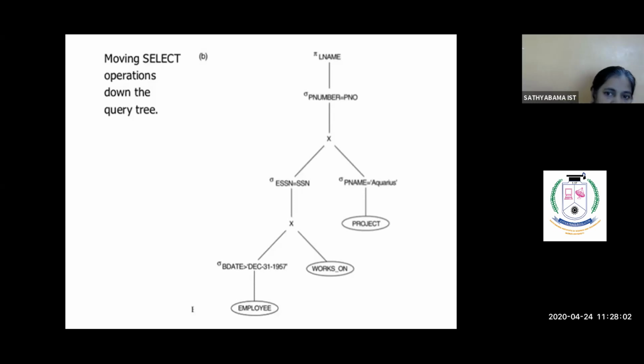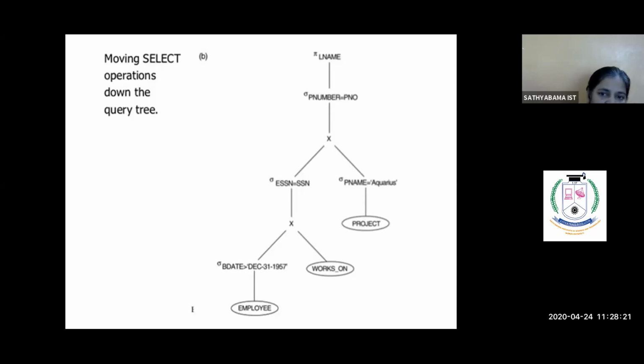With that resultant table, again we are selecting ESSN is equal to SSN. What is ESSN? Employee's social security number, which is available in works on table, and SSN is the social security number available in employee table.